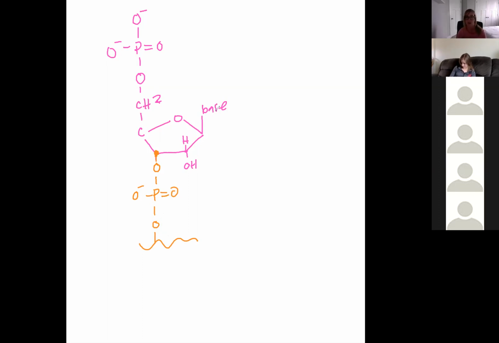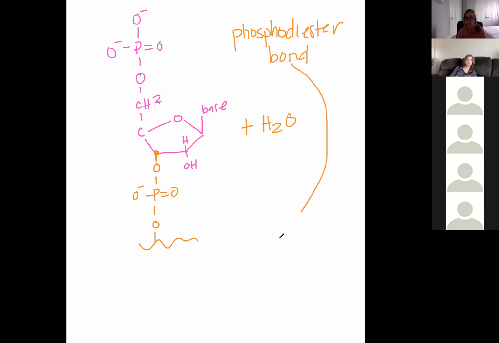Draw a condensation. Also, you need to add this to it. Condensation, lose water. Where do these go? Overall, this is a phosphodiester bond, and it took place here. Okay, this is the interactive site.